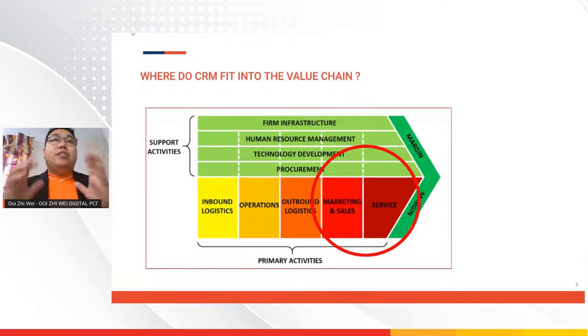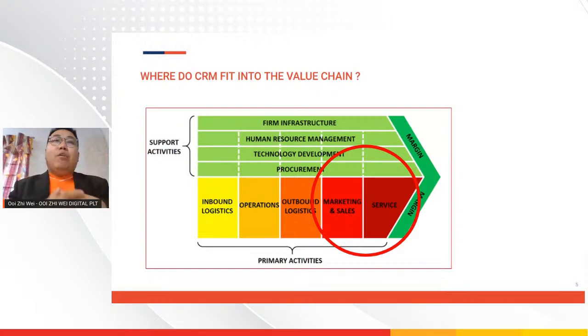This is what we call the value chain. The value chain is basically an outline of an entire organization. Whether you are a small SME or a micro SME, you need to look at the value chain. I find this very important, because sometimes we are overwhelmed with so many things that we completely collapse and don't know what to do.